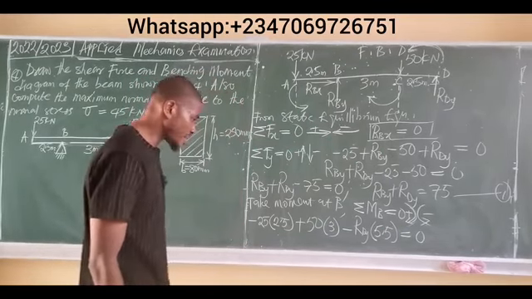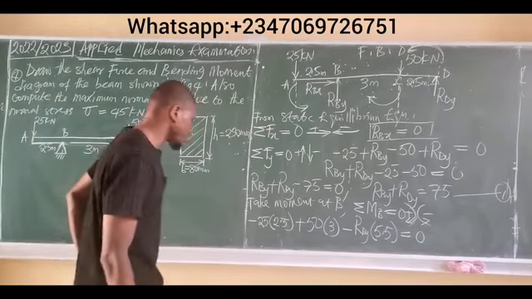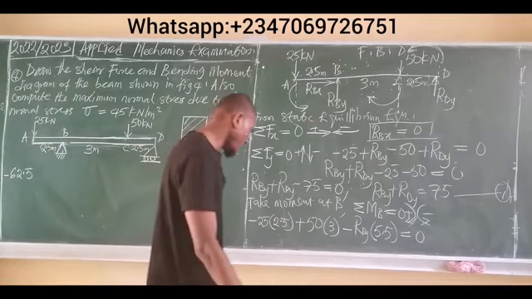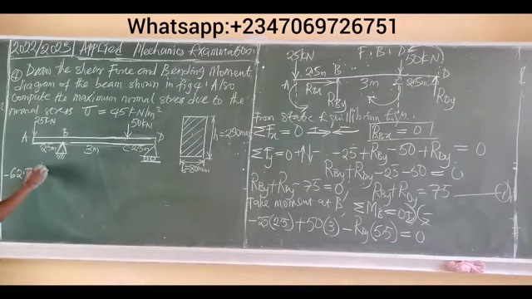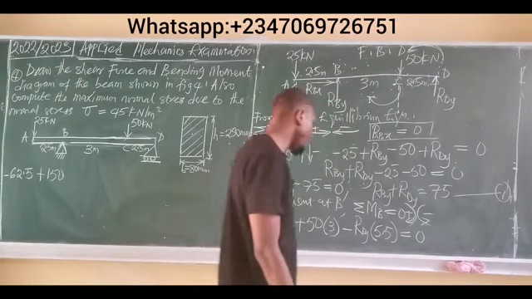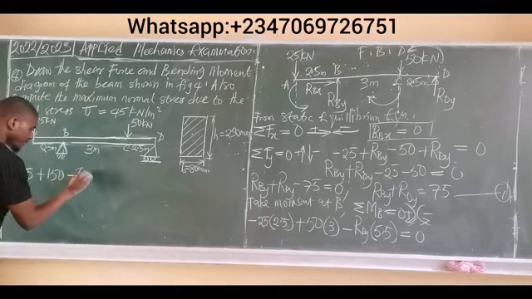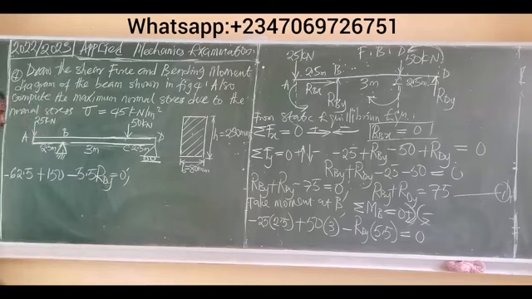So let's simply expand our brackets now. We have minus 25 times 2.5, that gives us minus 62.5. Next we have 50 times 3, that gives us plus 150. And finally we have 5.5 times RDY, that gives us minus 5.5 RDY, and this is equal to 0.